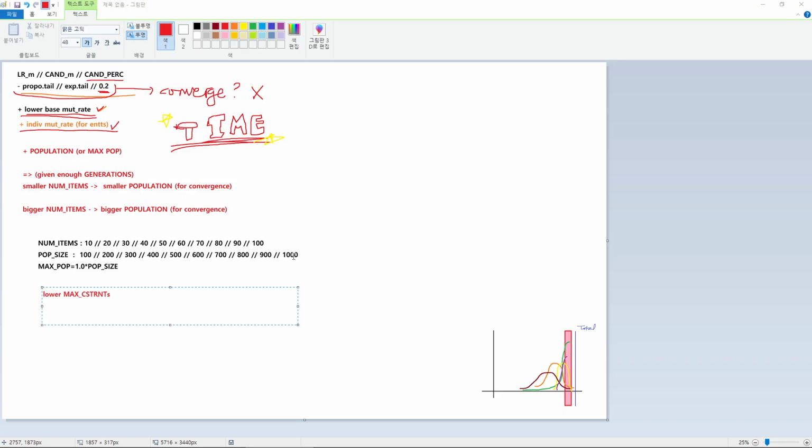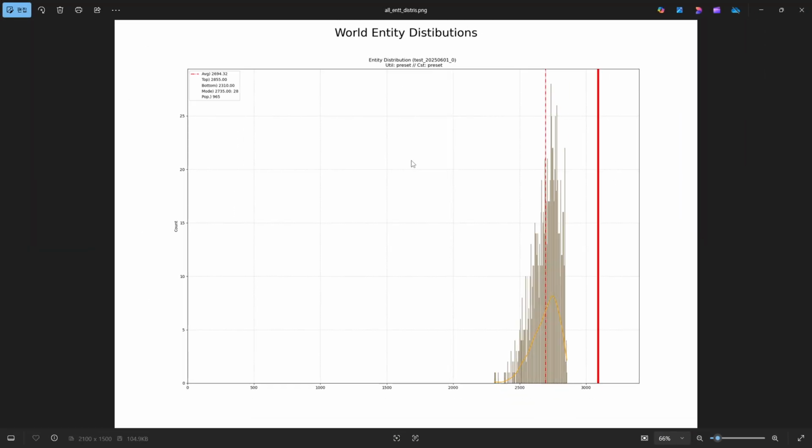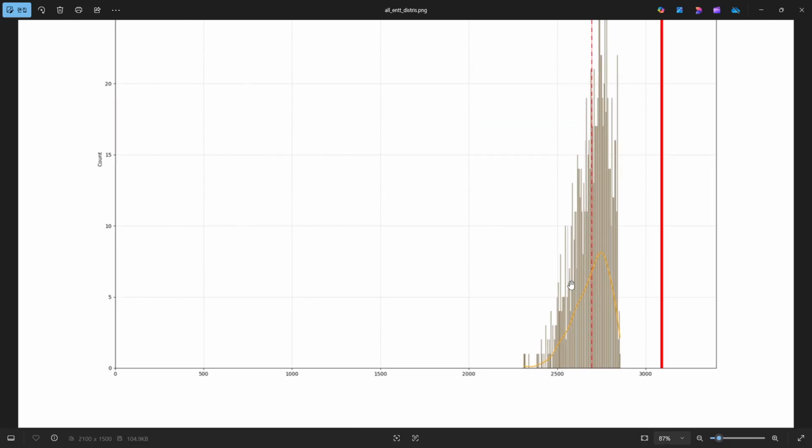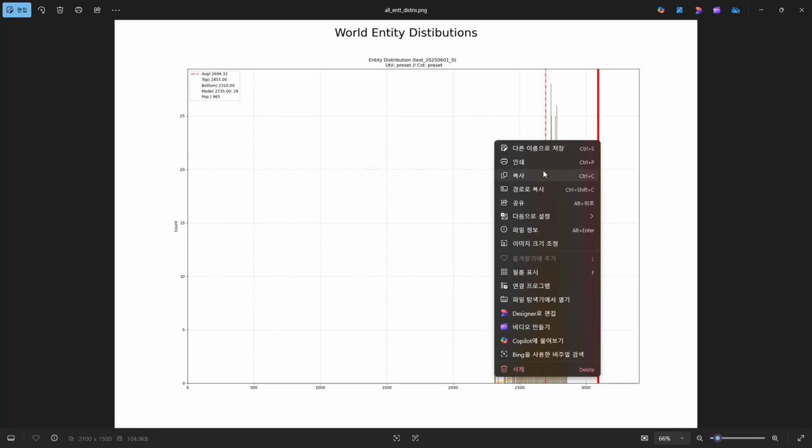Let me just get that. Just checking. Yep, base mutation rate in this case was 0.01 or 1%, and this is what happens. This is the shape of the distribution. As you can see, it gets cut off. No, let's not review it here.